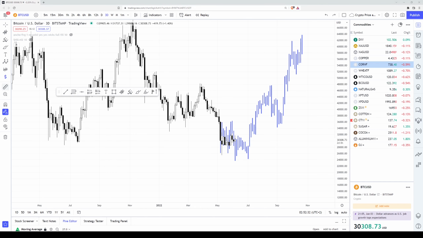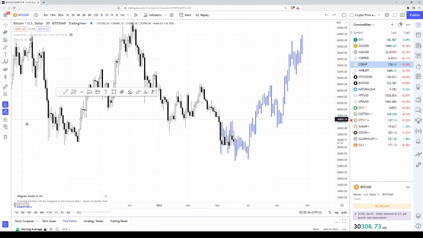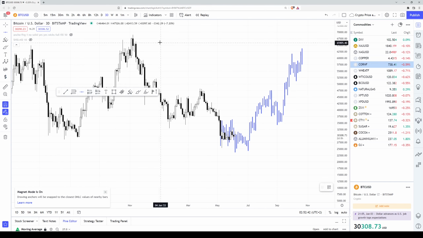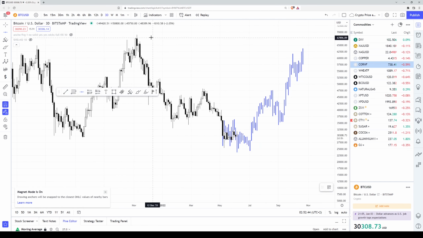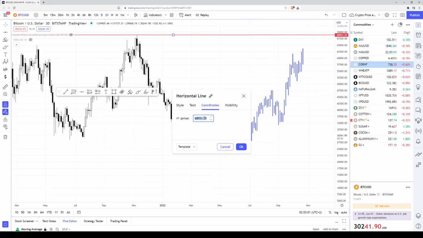Another useful tool in particular is the magnet tool. And what you can do is, let's say that you want a specific price level to be put at. So for example, the all-time high of Bitcoin. If you want the exact point of the all-time high without the magnet, then you need to move it in such a way that it is at the top of the wick. Or of course you can look at what the close is and then fill it in right here.